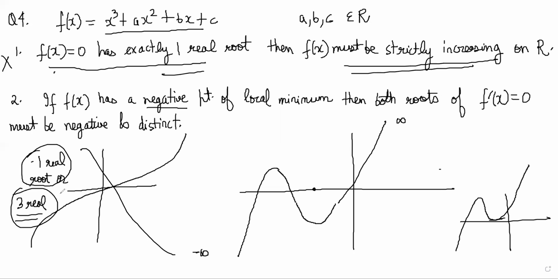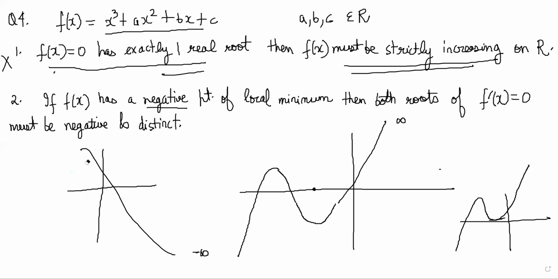So it is only the three real roots type of graph that we are talking about. Now from this graph, you know that this is a point of local minima. There must have been a point of local maxima here then, right?